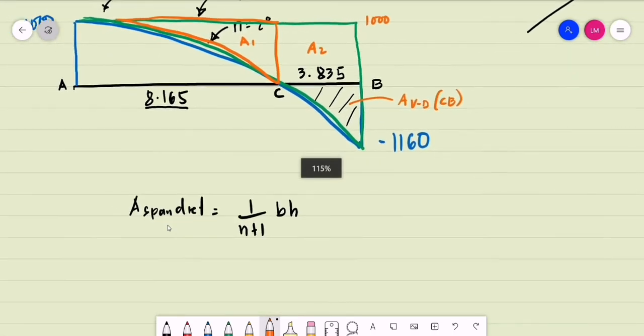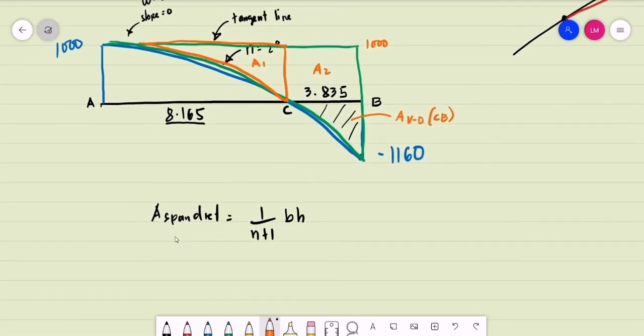If we are to write our equation, the area of the shear diagram for span CB is basically equal to the area of the spandrel. What is our bigger spandrel? Our bigger spandrel, we have this dimension. Let's say it's a base. What will be this dimension?